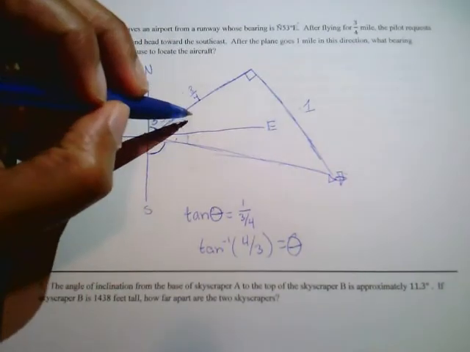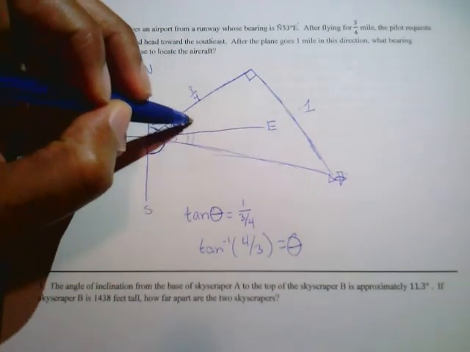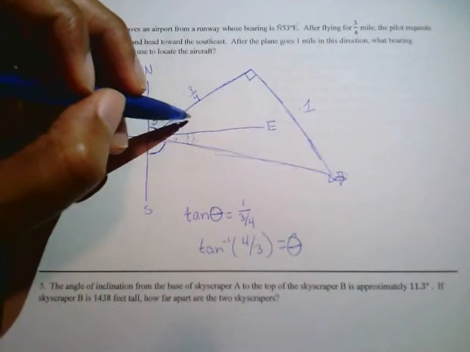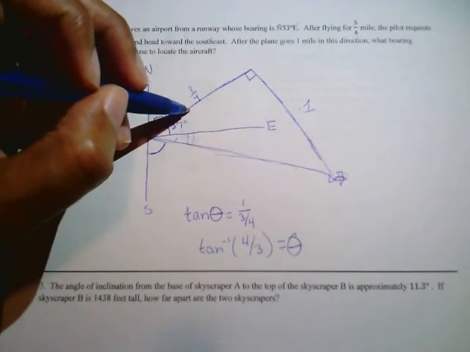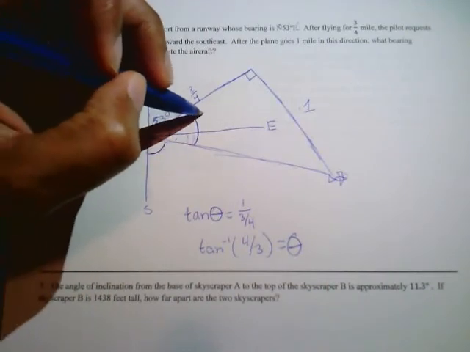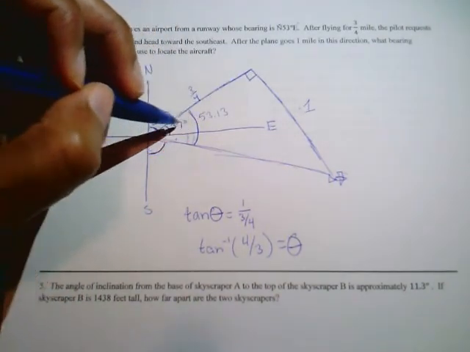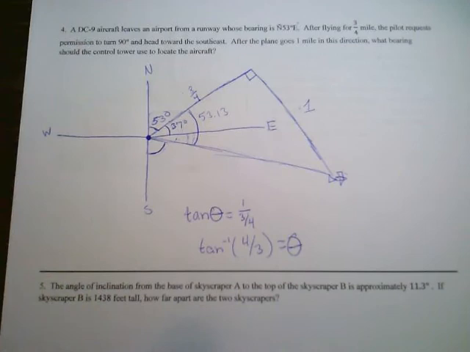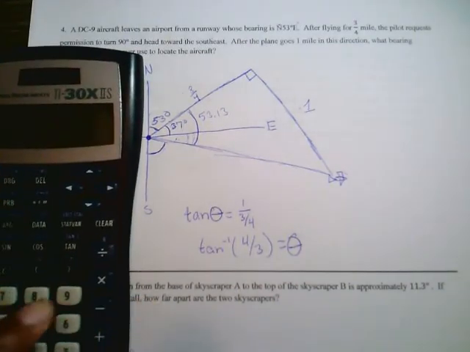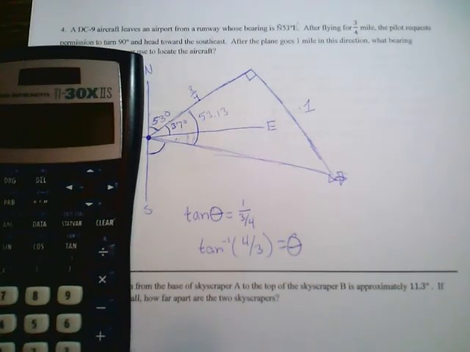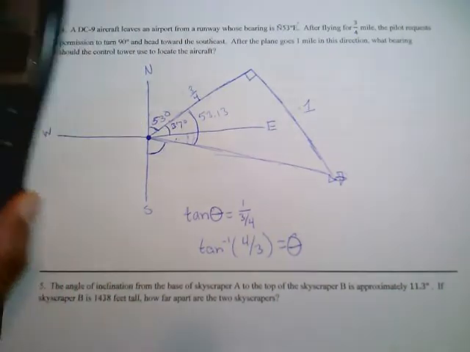So that means this full angle in this right triangle is 53.13. So let's label that. This big angle is 53.13, and we can subtract these two to get this small piece. So 53.13 minus 37 is going to give us 16.13.